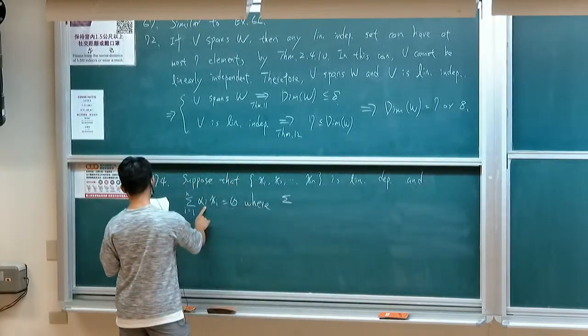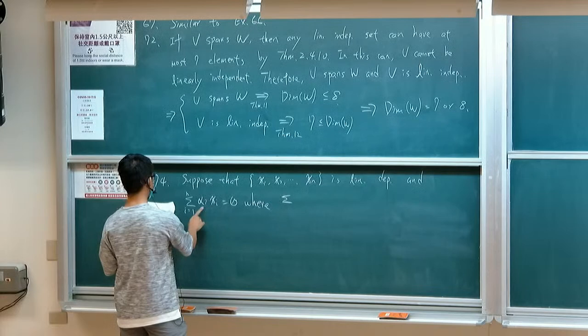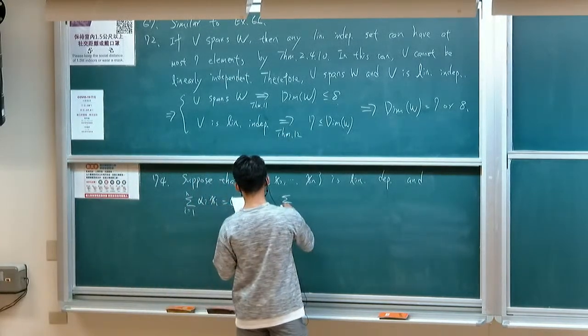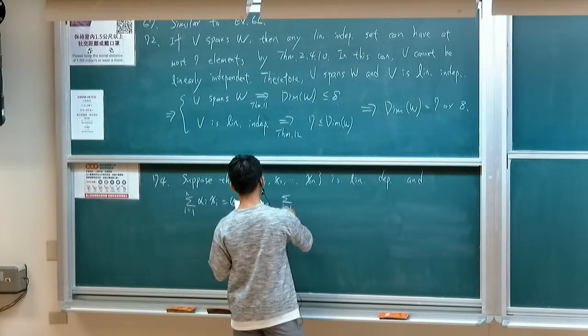Here, alpha i is a real number, and not all alpha i are zero.